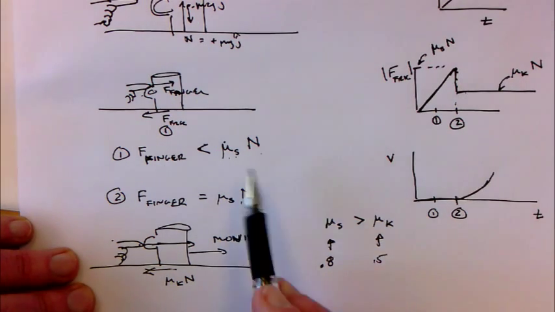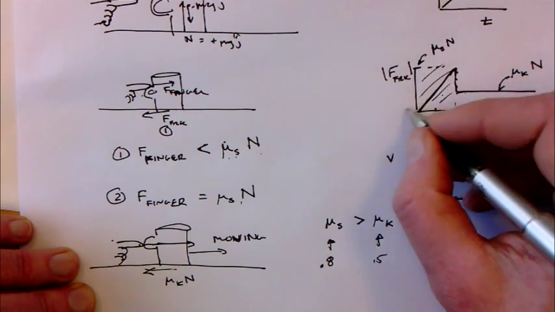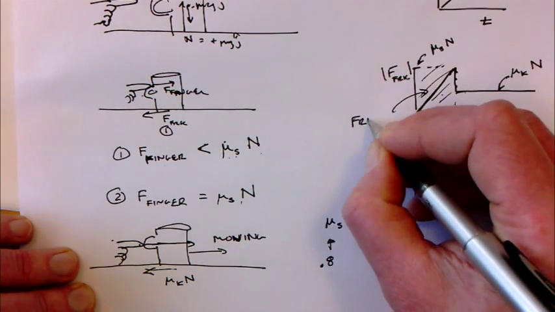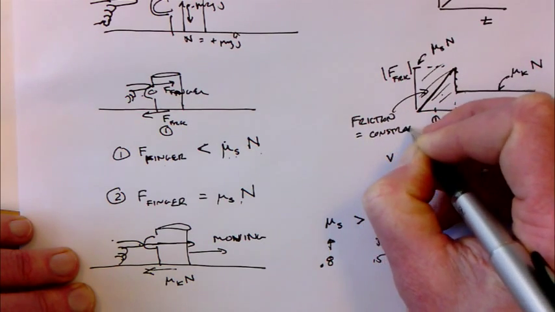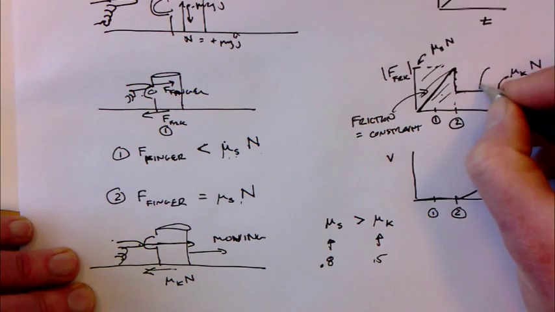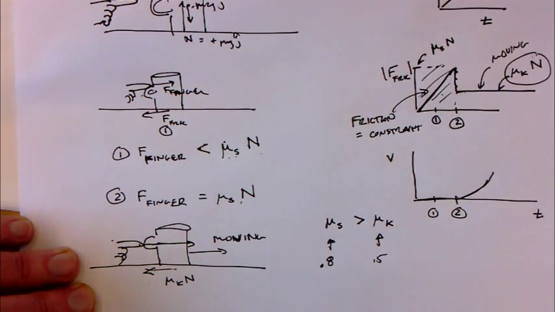So you have two regimes. One regime is where friction is acting as a constraint force. And the other regime is once you're moving, friction is just a constant of mu sub k times n.